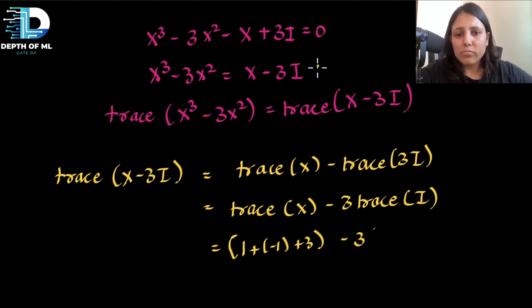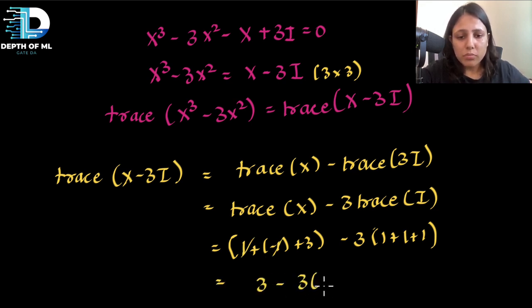So it will be 3 cross 3. Fine. So there will be 3 eigenvalues, all of them being 1. So if I add them up, it will be 1 plus 1 plus 1. Fine. So this cancels out. So this is 3 minus 3 into 3. Okay, this is 3 minus 9, which is equal to minus 6. Okay, so this is the answer.